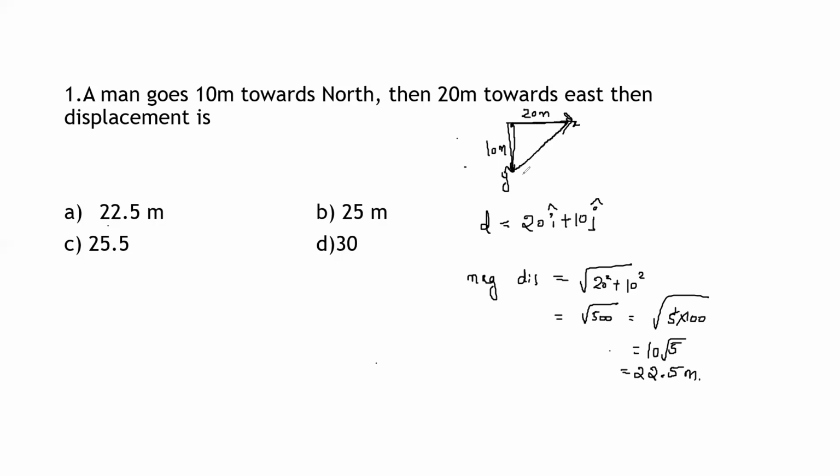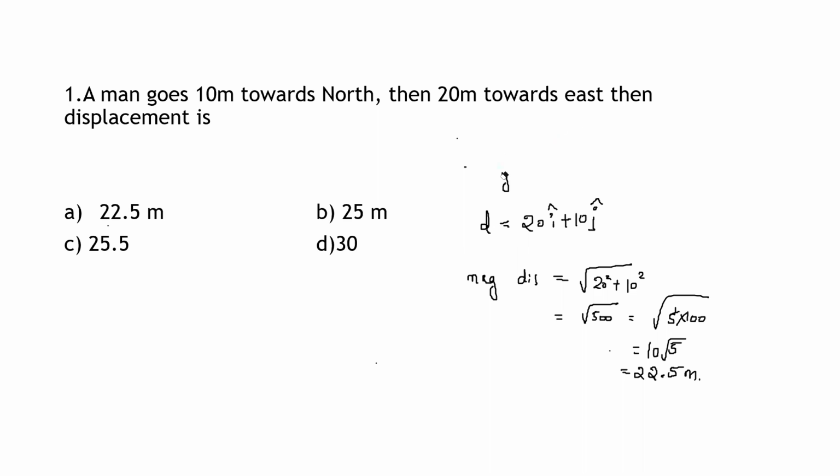Then we need to calculate displacement. If you consider this as x and y axis, we can calculate the magnitude of displacement by using the square root of x square plus y square formula. That is 22.5 meter is the answer. Option A is the correct option.